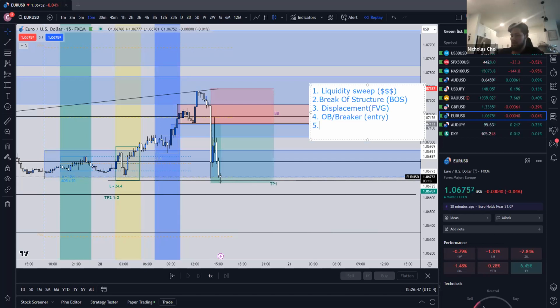The fifth thing is you want it to be premium for sells, discount for buys. 70.5 or 79.